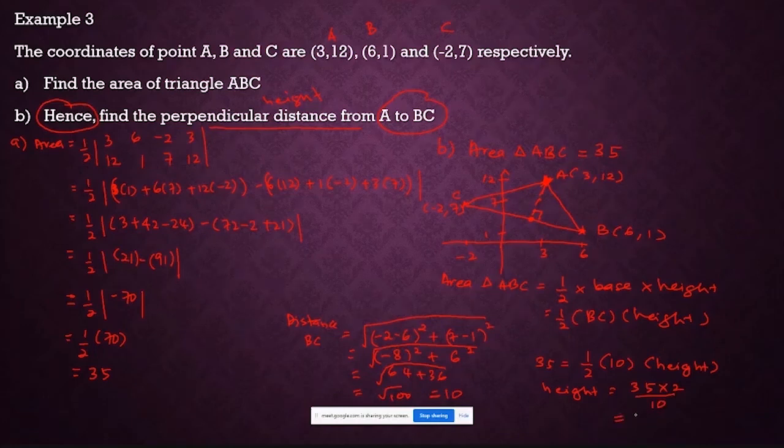So it equals 7. The 7 is the perpendicular distance from A to BC. So this is your answer. Perpendicular distance equals 7 units.